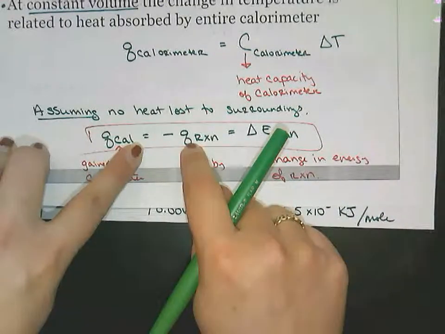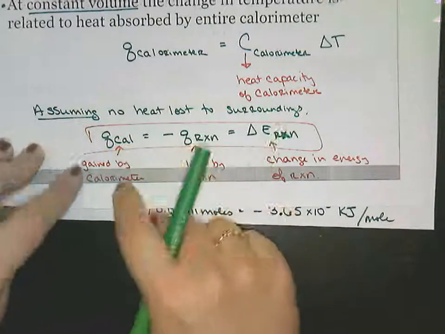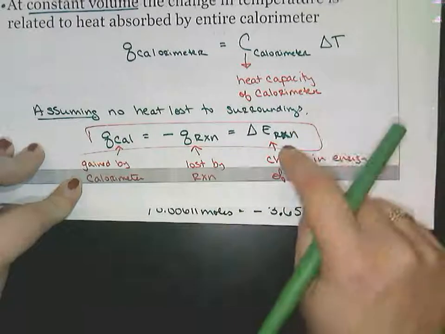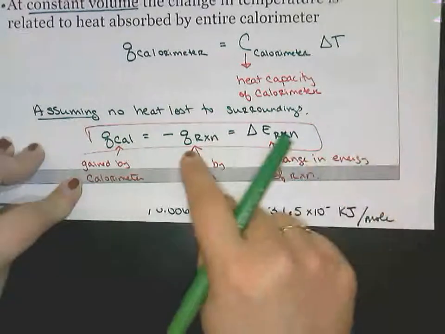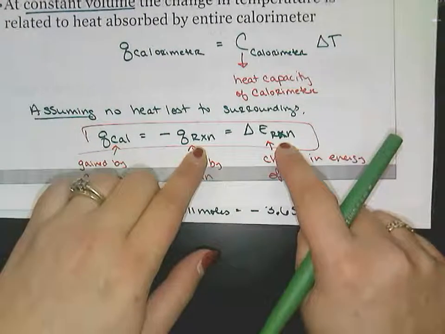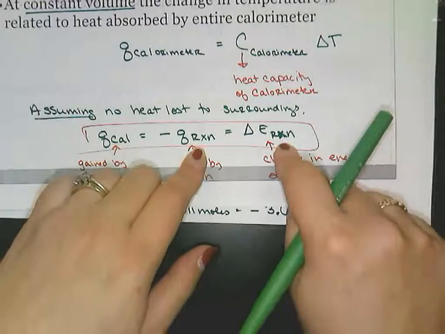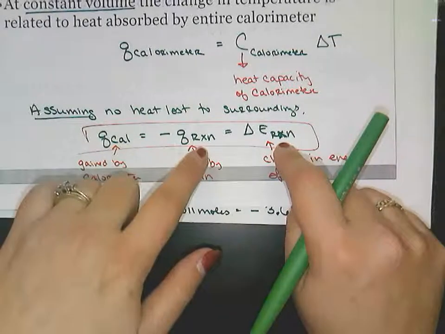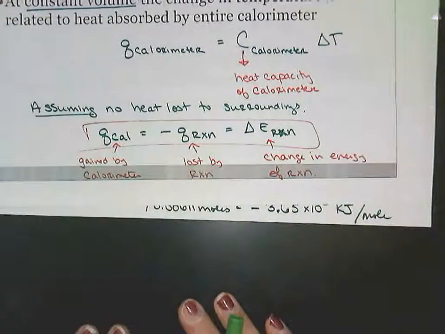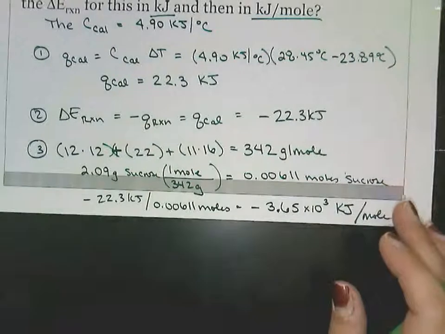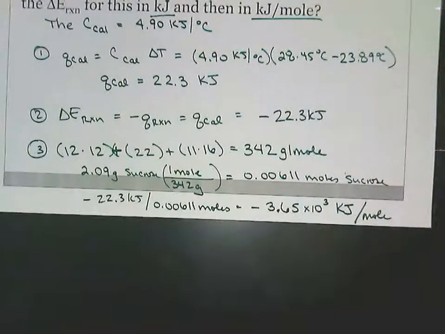The calorimeter has gained heat, but the reaction has lost heat. So overall, the energy of the reaction has to be equal to the negative value, right? So if the Q-cal is positive, then the change in energy for the reaction will be negative? Yes. Okay.